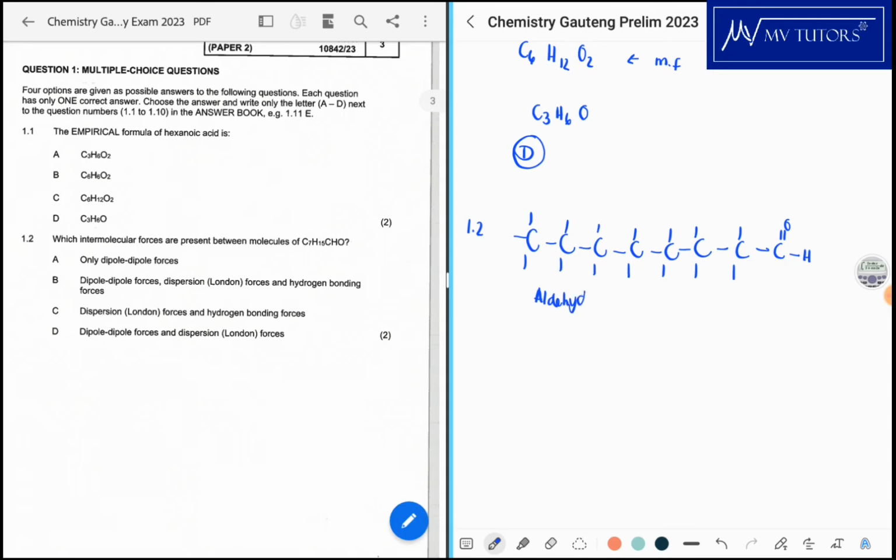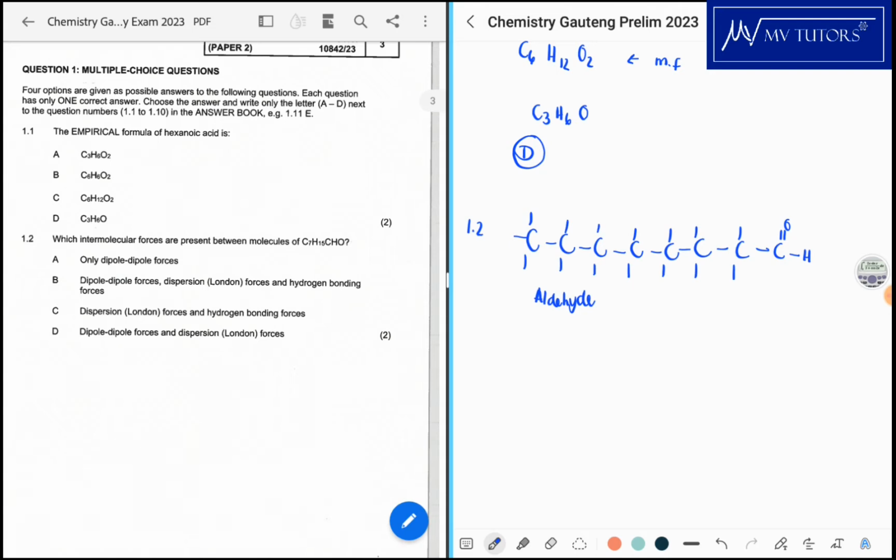And we know that the forces between aldehydes are actually quite weak. So they have weak intermolecular forces, dipole to be exact. And within those dipole, it's actually London forces as well that are there. So if you look at the options from A to D, only dipole forces, no. Dipole forces, dispersion London forces, and hydrogen forces.